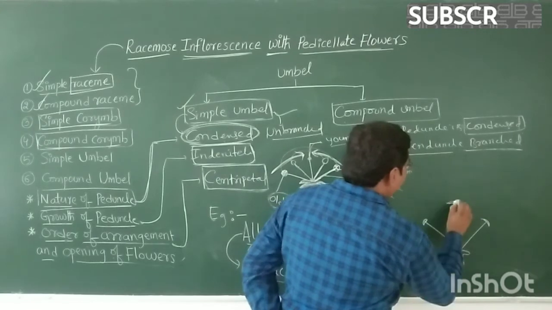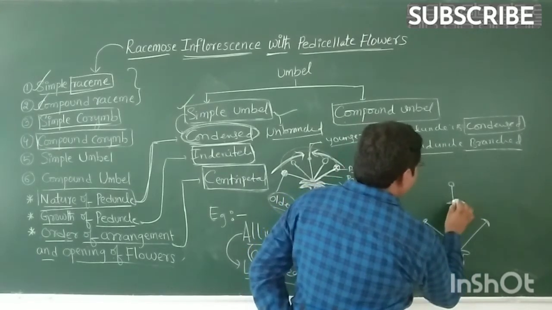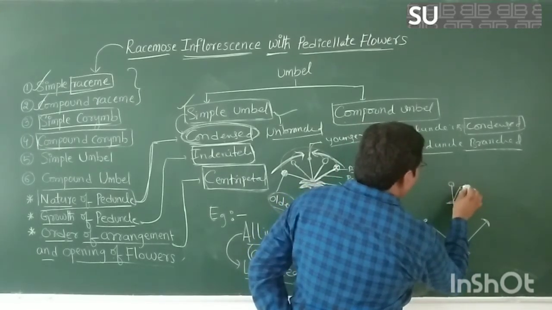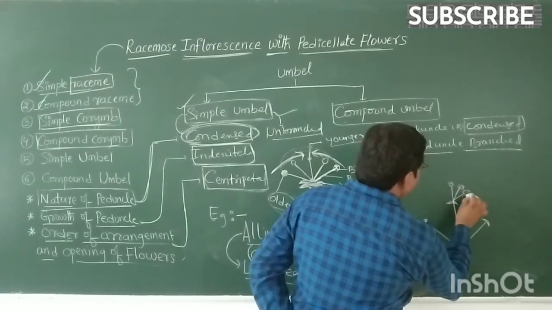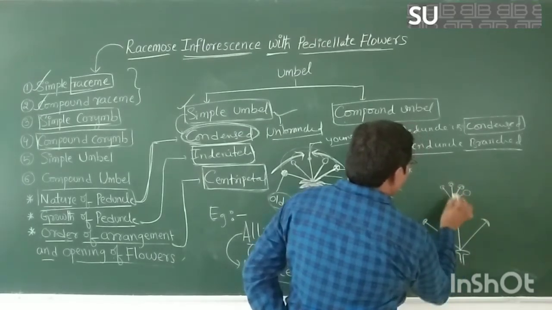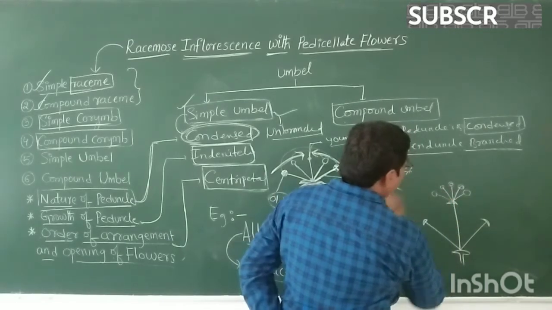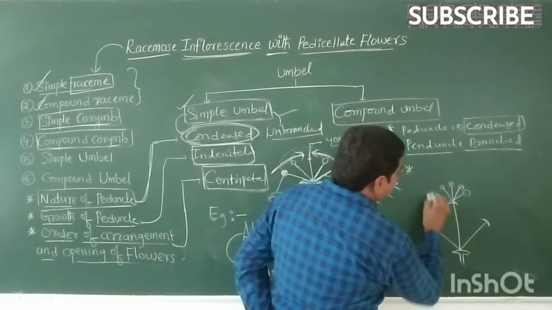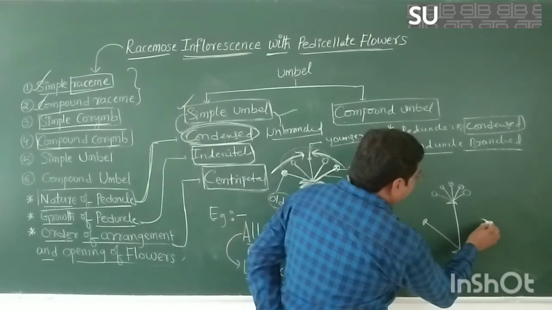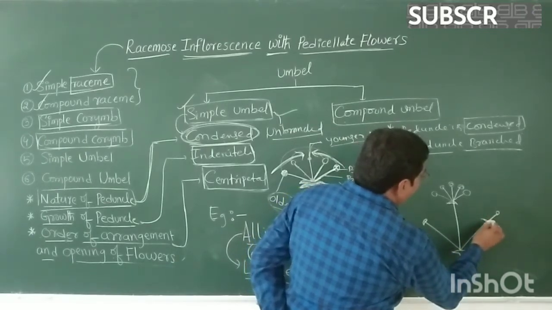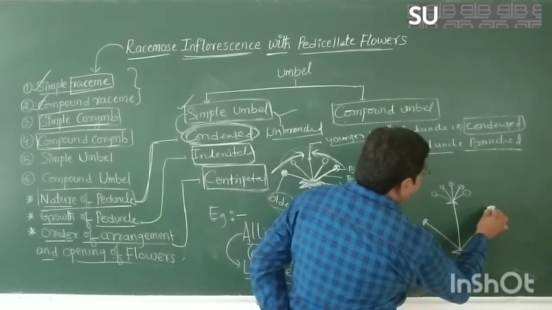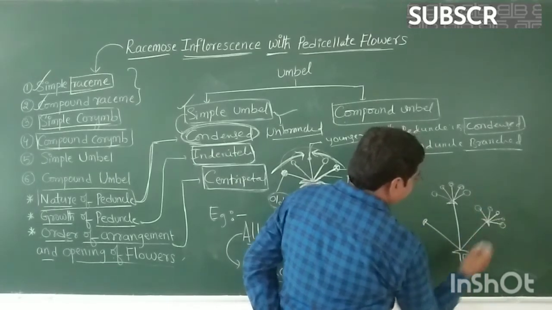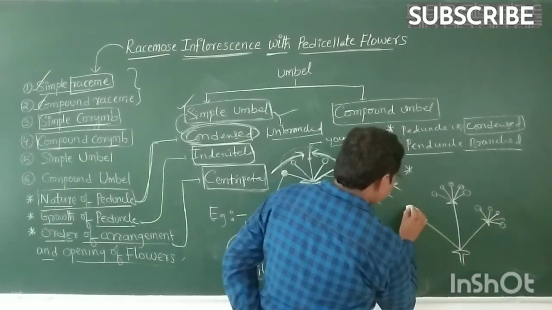All flowers originate at the same point. This is the simple umbel. So here also it is the same: all flowers are at the same level. This is also like this.